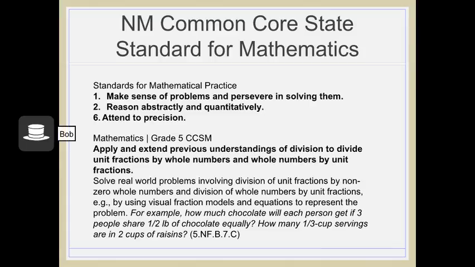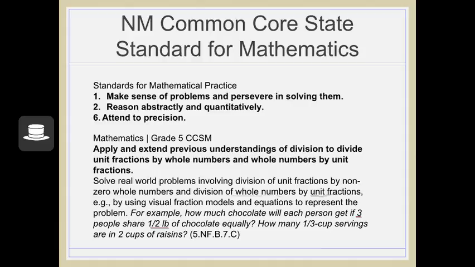In this thread we'll be exploring the Grade 5 Common Core Math standard that involves dividing unit fractions by whole numbers and also dividing whole numbers by unit fractions. There are three examples involving this standard. The first one will be dividing a fraction, 1/2 pound of chocolate, by a whole number, 3 people.